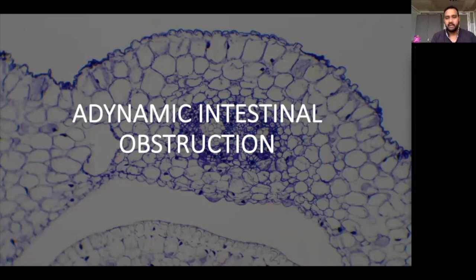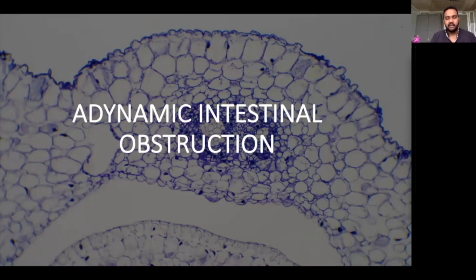So how will the bowel contents stop moving? There are two reasons. Number one, there is something blocking the lumen. That is what we call dynamic intestinal obstruction.